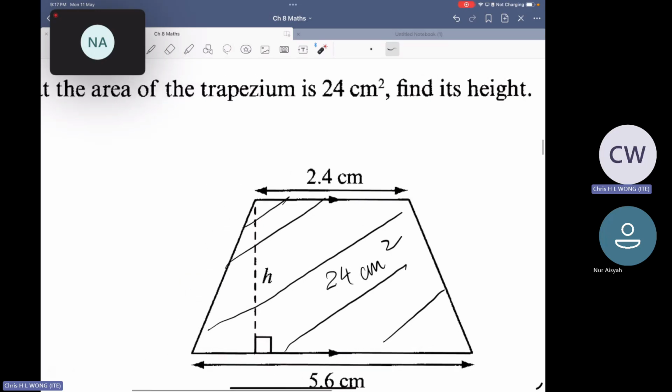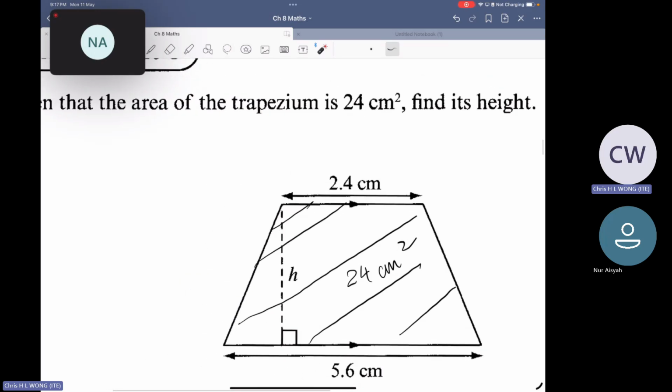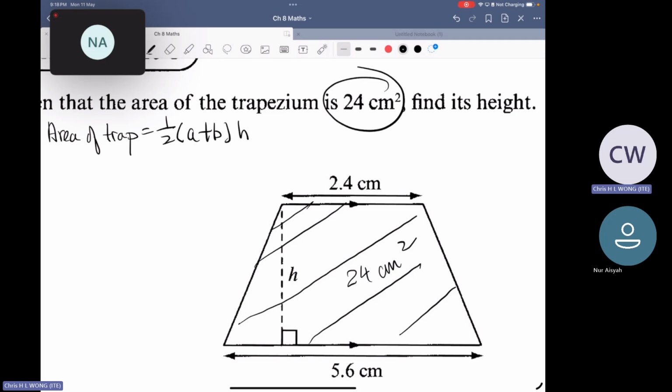So if you follow the formula, area of trapezium, let me write down first: half, A plus B, times the height. What is the area? They give you 24. 24 is equals to half.